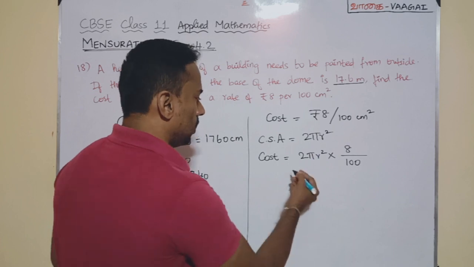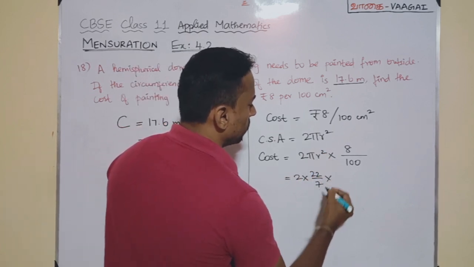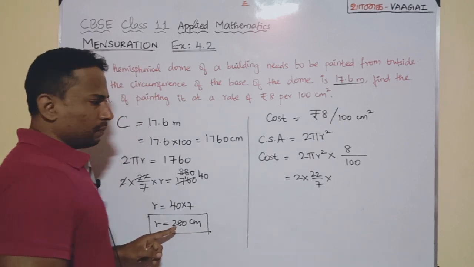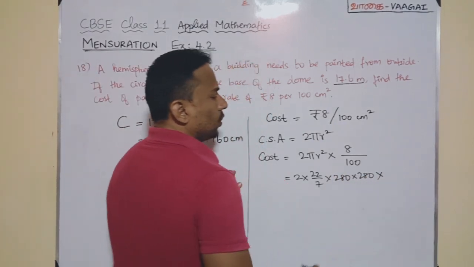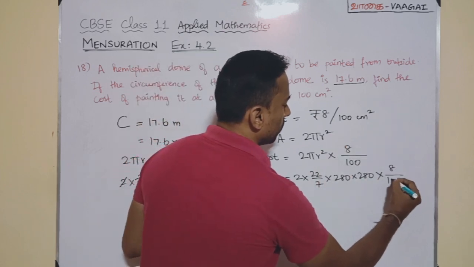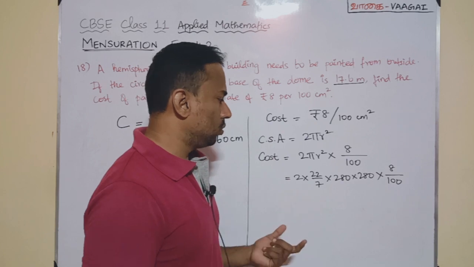Now let's substitute the values: 2 into pi, which is 22 by 7, into r square, that is 280 into 280, into 8 by 100. Correct? So let's carefully do this calculation.